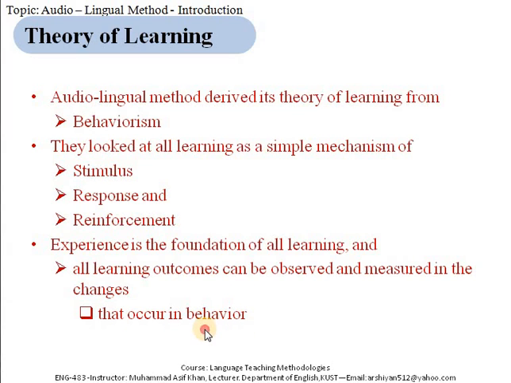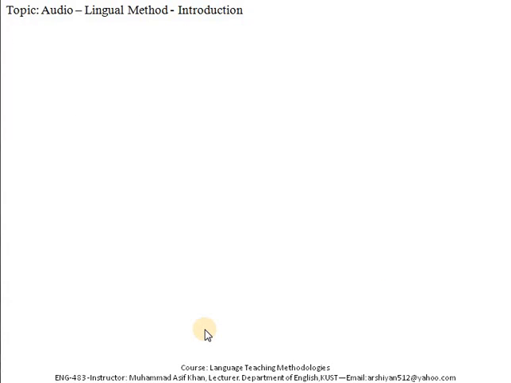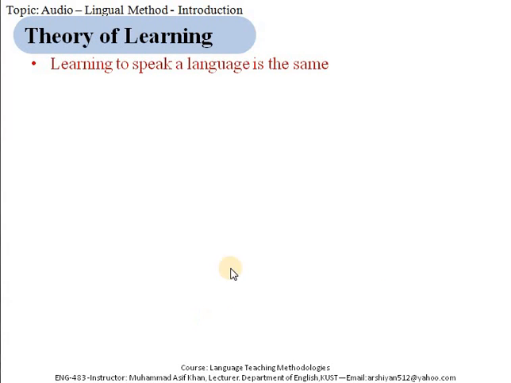We can add something to the theory of learning in this way: learning to speak a language is the same for these theorists as learning to ride a bicycle or drive a car. It means that it is very similar to learning any skill, for example, learning to ride a cycle or learning to drive a car.